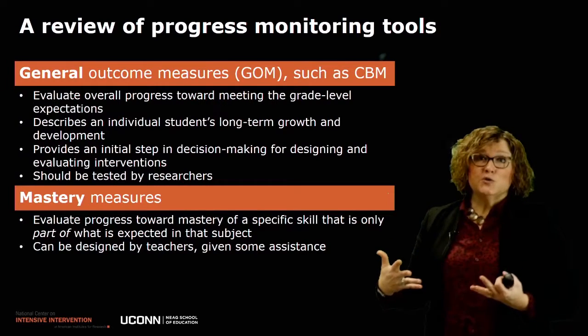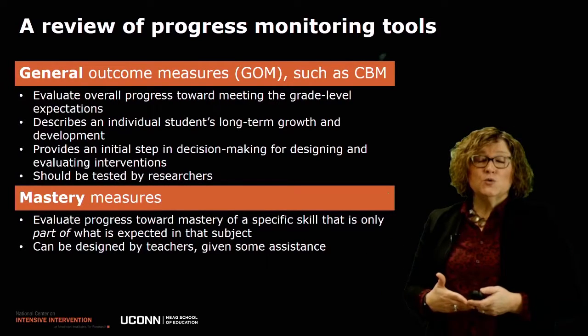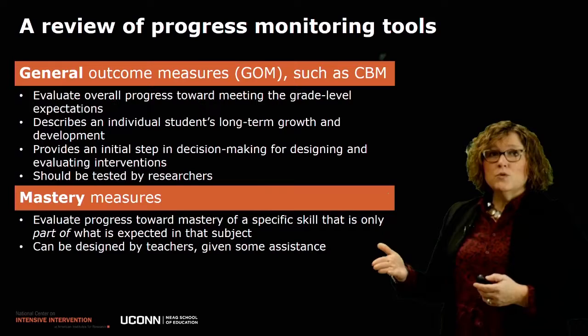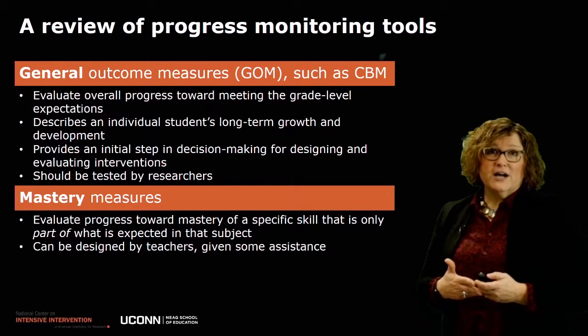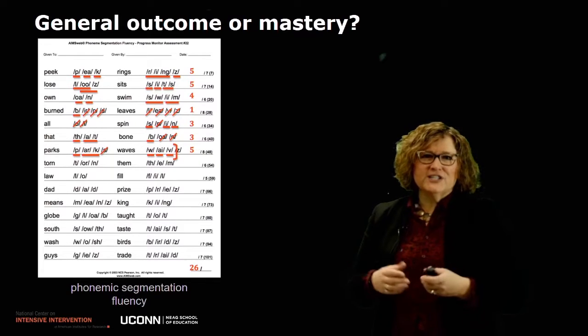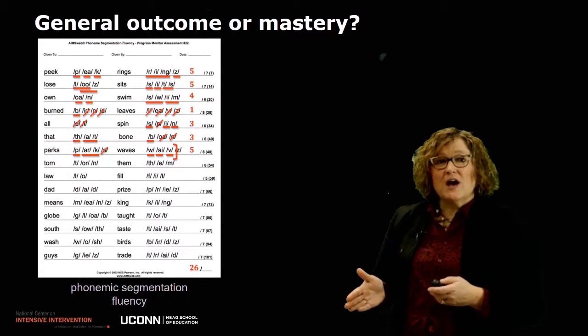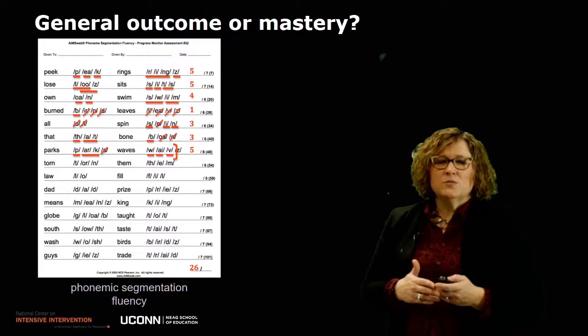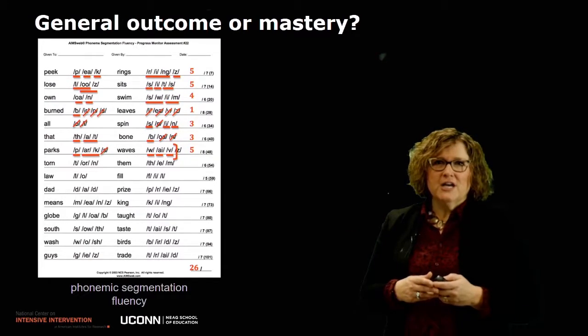And so these are two types of progress monitoring tools, but again, we're really going to focus in our modules today on those CBMs. To further illustrate this difference between general outcomes and mastery measures, we see here an example of a phoneme segmentation measure.